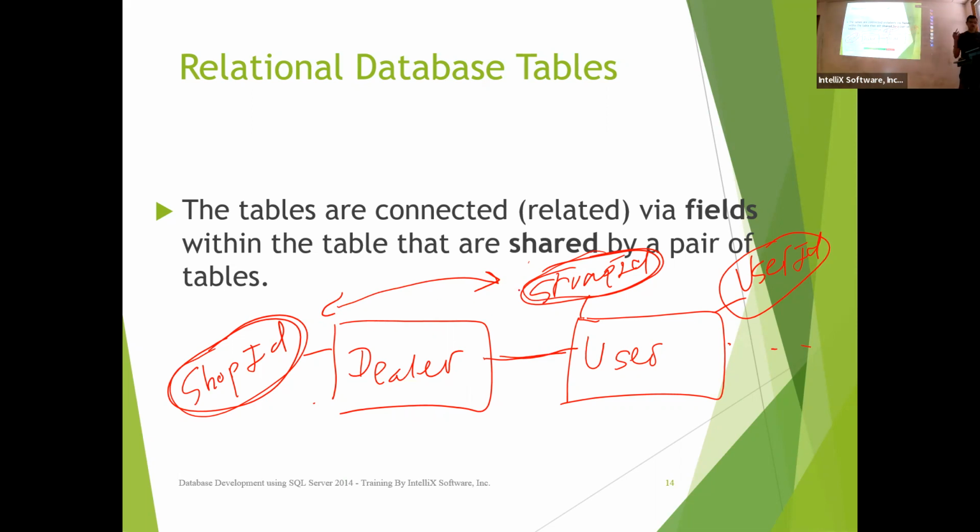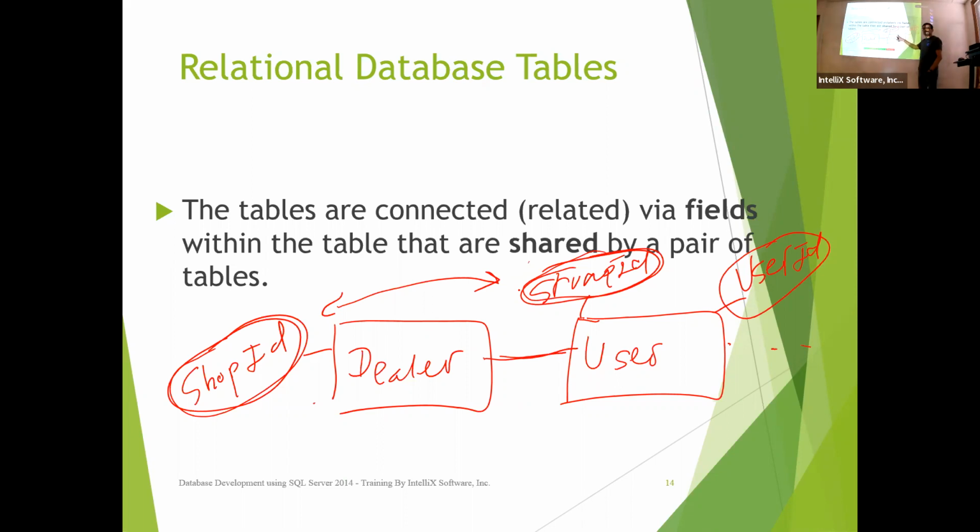I'll go through the ER diagram, ER model shortly, which will explain a little bit further. But essentially, you are carrying over the primary key of one table into another table to make it relational. That's the whole concept here. So I can carry the dealer table primary key, which is shop ID, and put it in the user table.